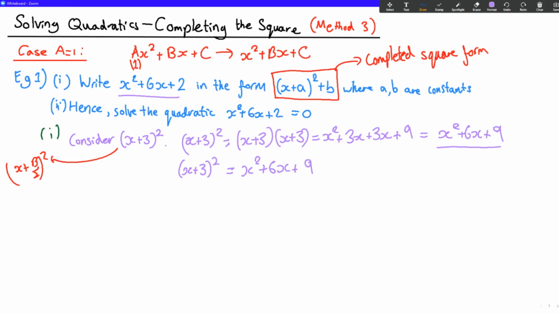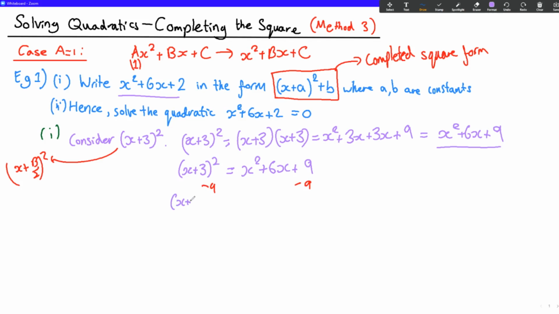So if I just kind of shorten this here, we have shown this. All I've done there is I've got this left hand side and then this right hand side. And we know all of these things are equal, so I can write this. But what we want is we want this. We don't want this. We want the plus 2 at the end, not the plus 9. So to do that, first off, we can subtract 9 from both sides.